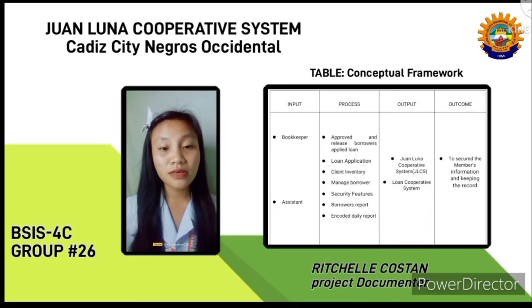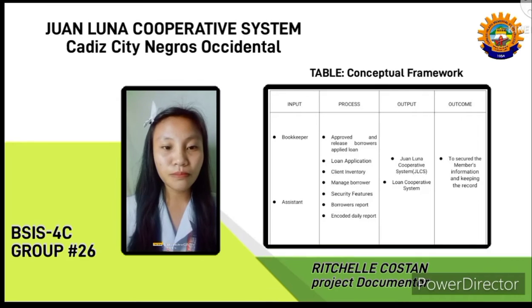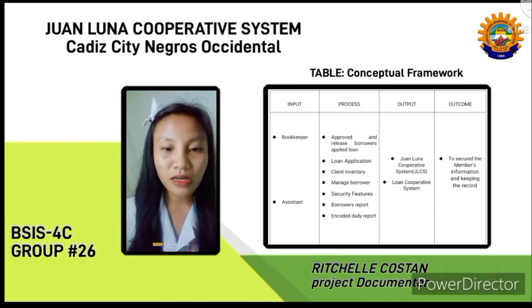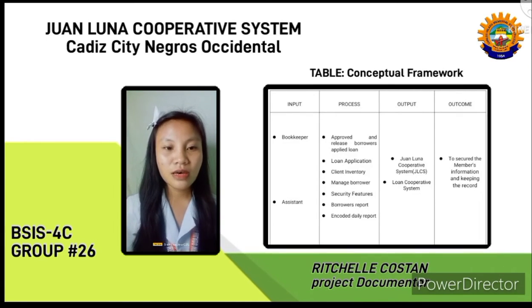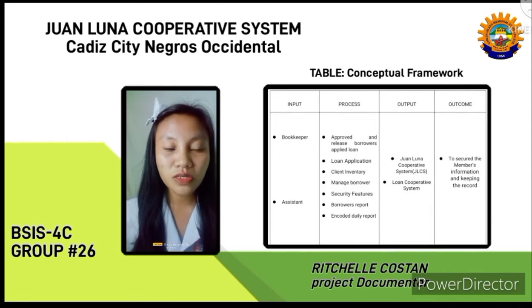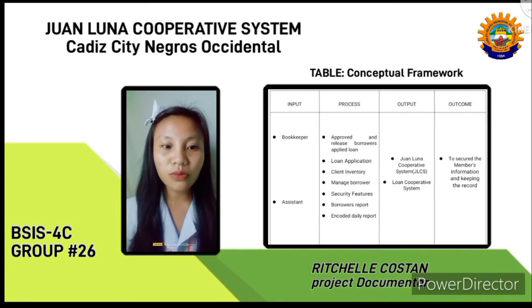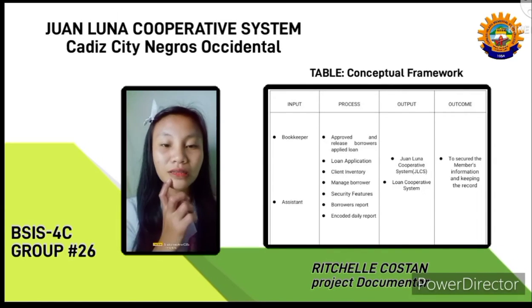As we can see, we have a table for the conceptual framework. We have the input: the bookkeeper and the assistant. Next, we have the process. Inside the process, we have approving and releasing borrowers' applied loans, loan applications, client inventory, manage borrowers, security features, borrower's report, and encoded daily report.